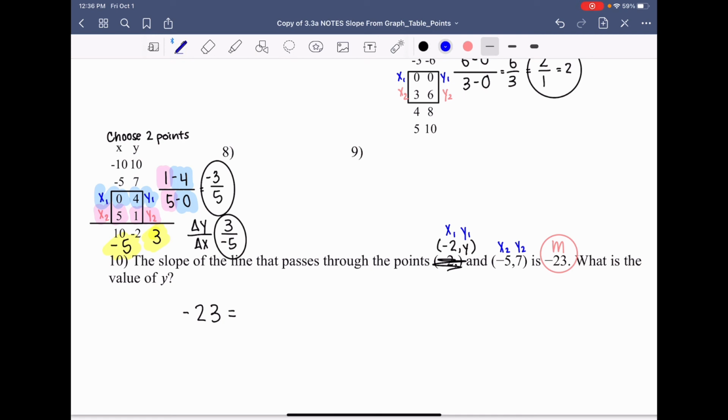So we know that y2 is 7 minus y1, which is y, all over x2, which is negative 5, minus x1, which is negative 2, and then you solve for y.